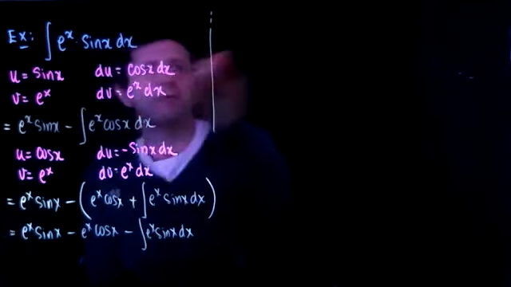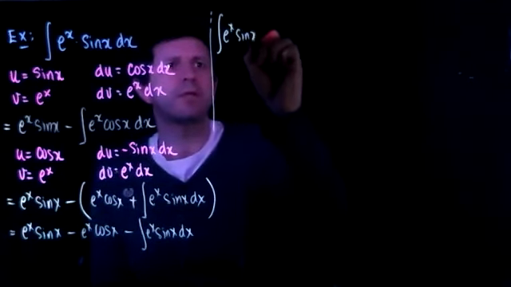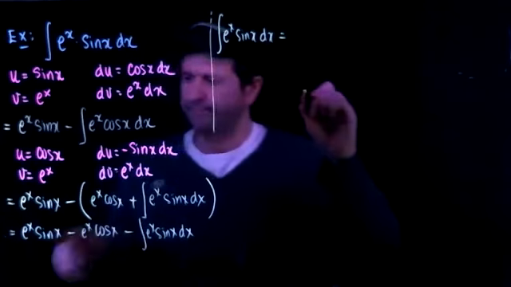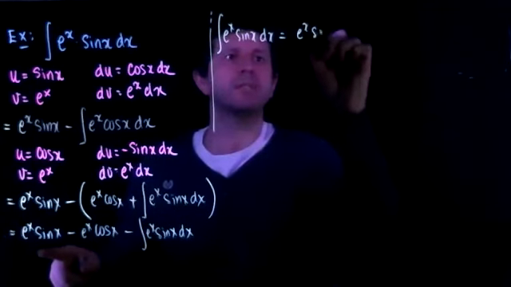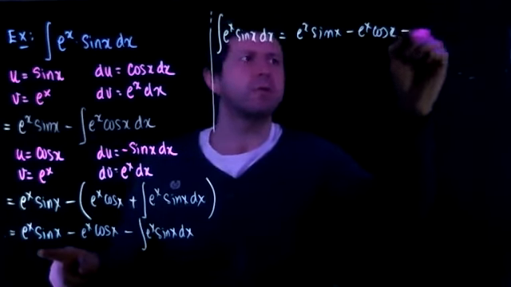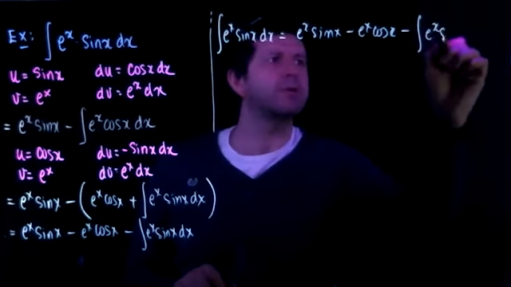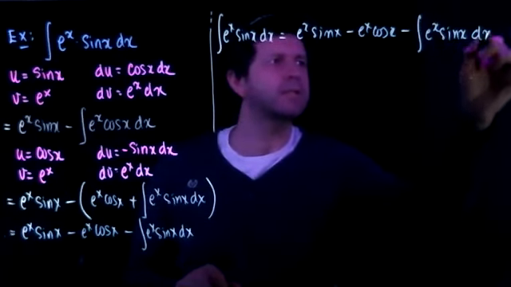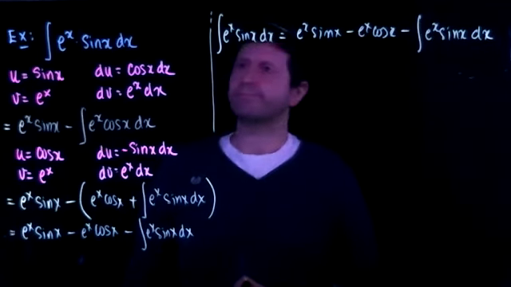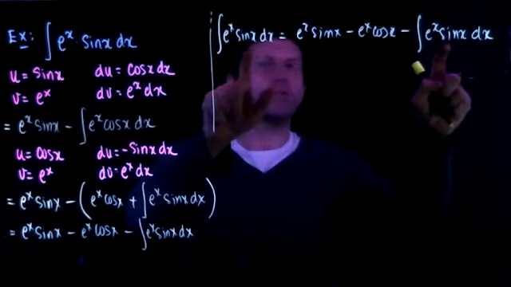Okay, so what I have is this integral. So the integral of e to the x sine x dx is equal to e to the x sine x minus e to the x cos x minus the integral of e to the x sine x dx. That's what I have. Okay, so like she said, these two are the same.